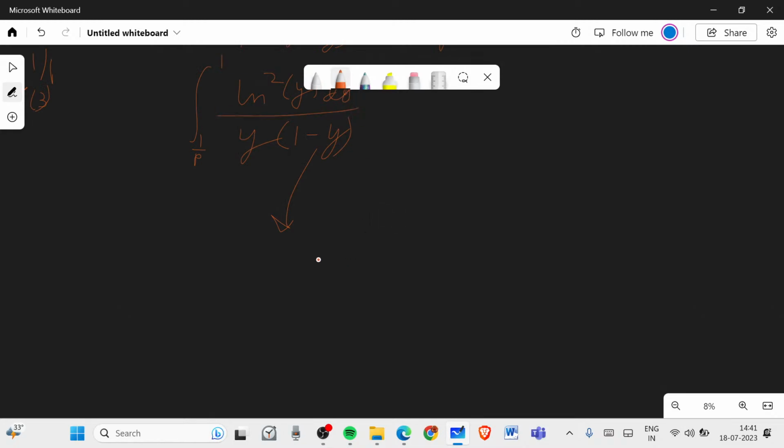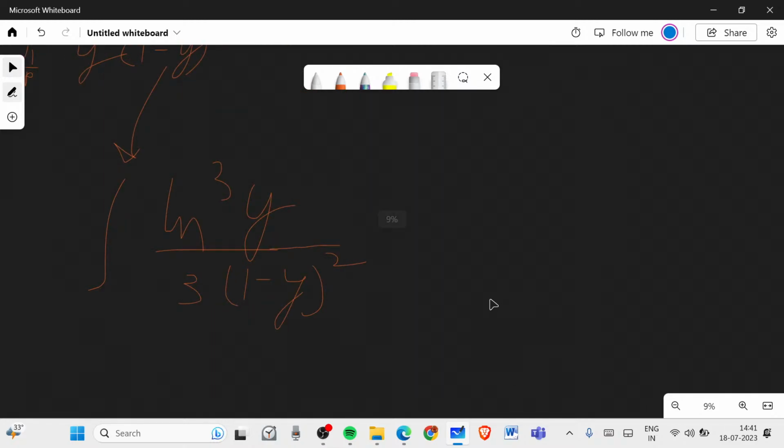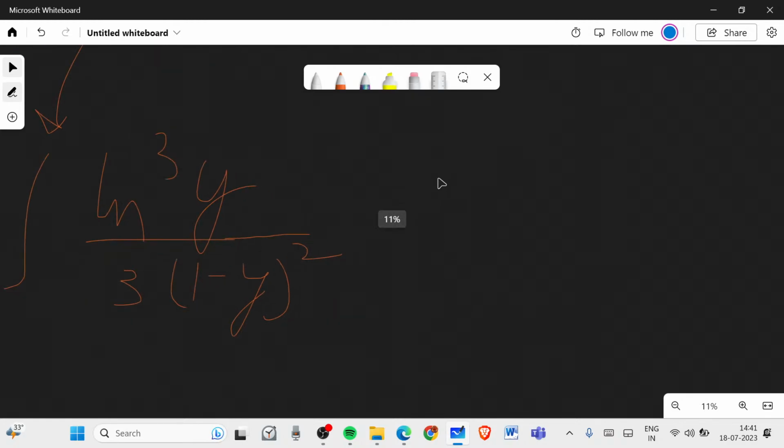So ln cube y by 3, 1 minus y square, and all minuses are adjusted. Okay, so we have to integrate this. Yeah, we also get one term, but I'm right now concerned just with finding an answer because I am seriously bored.